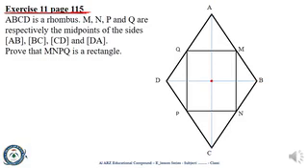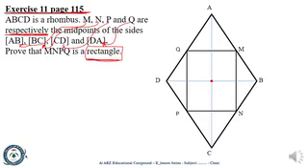Plus, M, N, P and Q are respectively the midpoints of the sides AB, BC, and CD. That means M is the midpoint of the segment AB, and N is the midpoint of the segment BC, etc., etc. Right, guys?